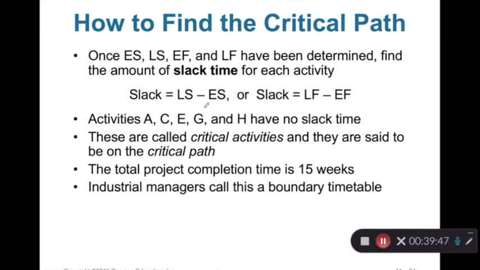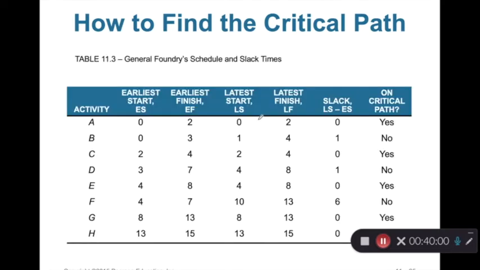You can use LS minus ES or LF minus EF. Then you can figure out the critical activities. So we can see which activities are critical. Absolutely, you can use this table to do calculations and figure out which activities are critical.